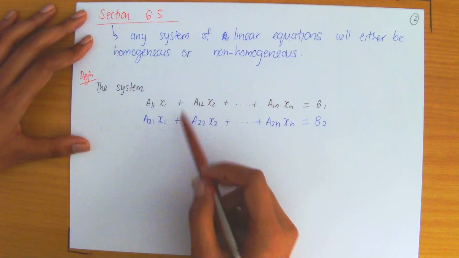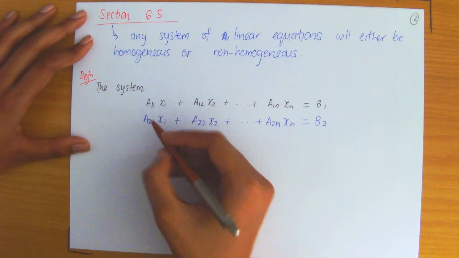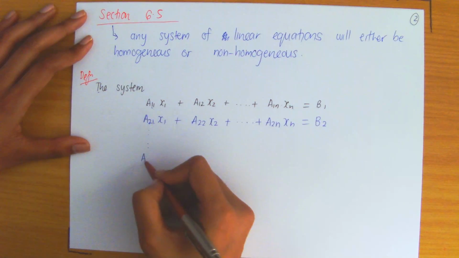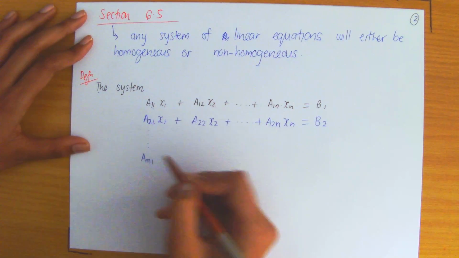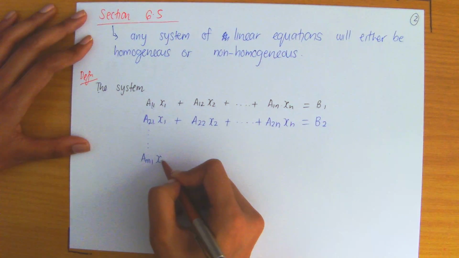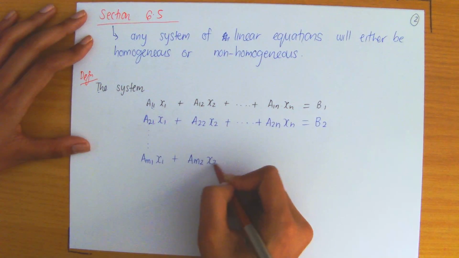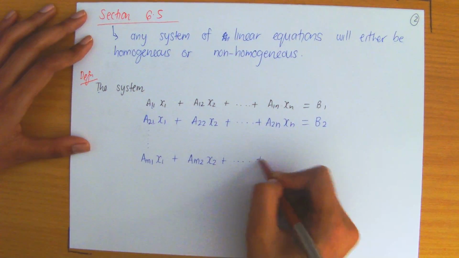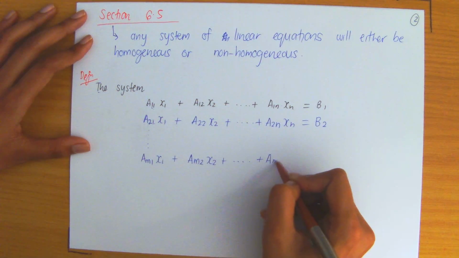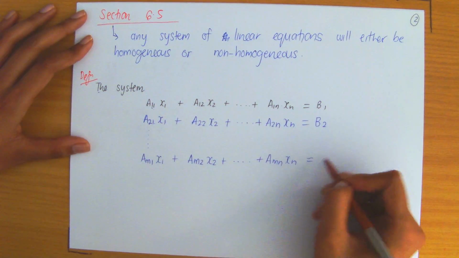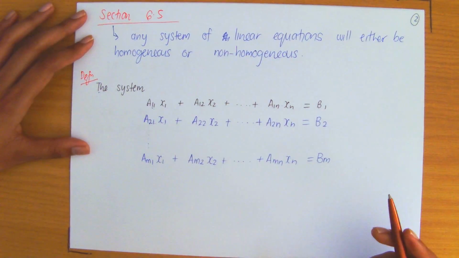So right now I've written down 2 equations. Let's say we had m equations. So that means that we're going to have a coefficient am1 being multiplied to x1 plus am2 being multiplied to x2 all the way up to amn being multiplied to xn, and this is equal to the constant b subscript m.